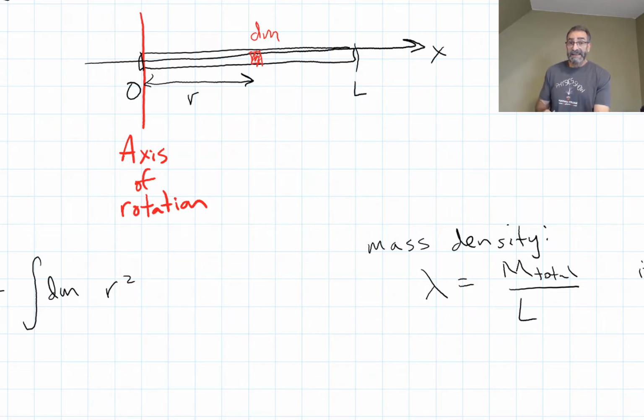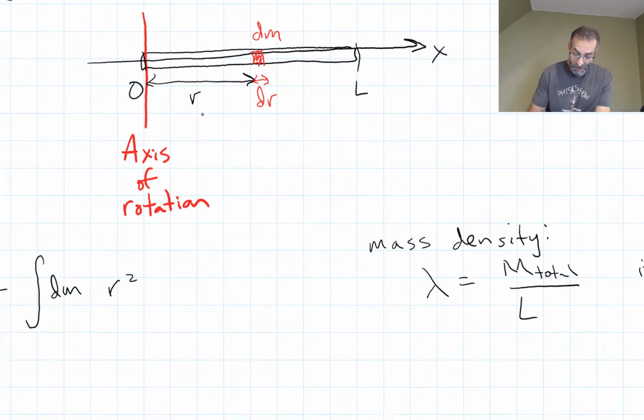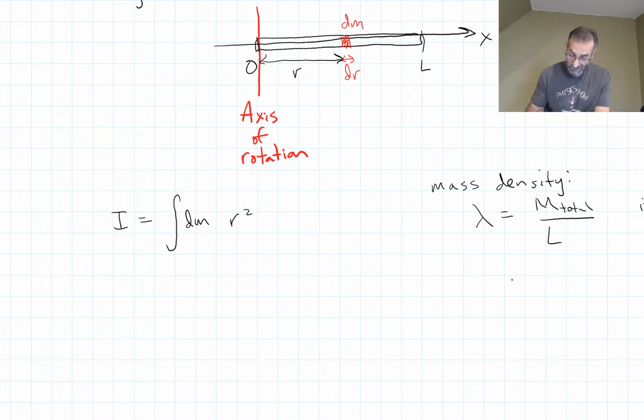Now we know the density. If we want to know how much a little chunk in the middle weighs, well, we multiply the density times the length of that little chunk in the middle. So what's the length of my chunk over here? It's dr. If it's a distance r away from the axis of rotation, the length is dr. If I put it along the x-axis here, I can call r x, and dr I can call dx.